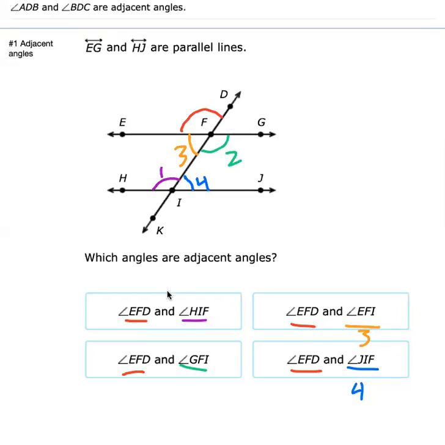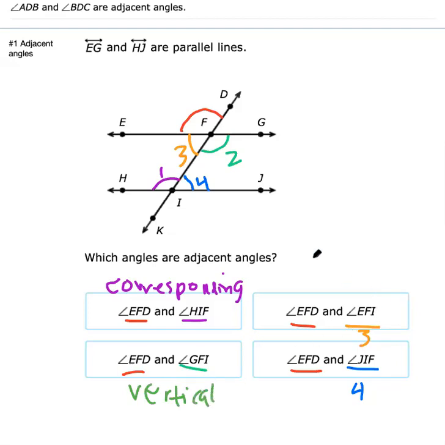So that's corresponding on that one. Next one, the green, is marked as number 2 over there. That looks like a vertical angle, so that is not going to be adjacent either.